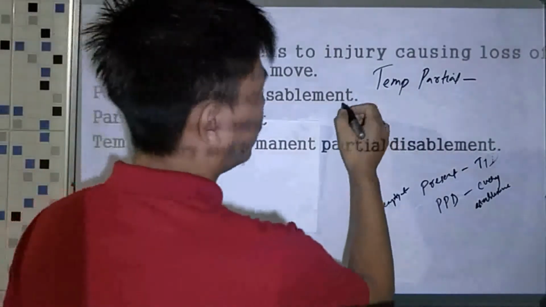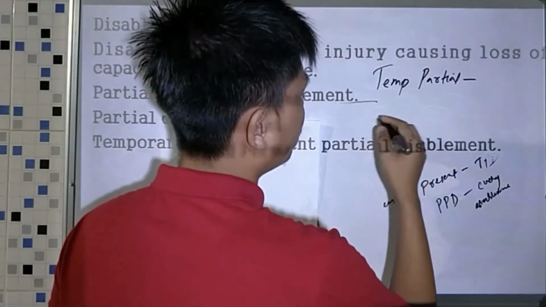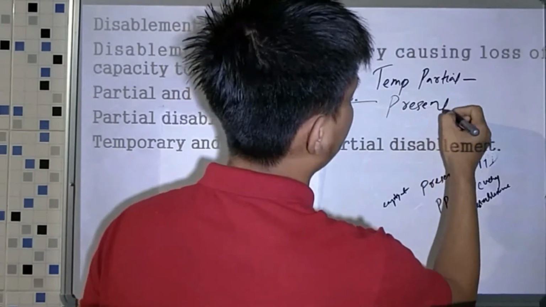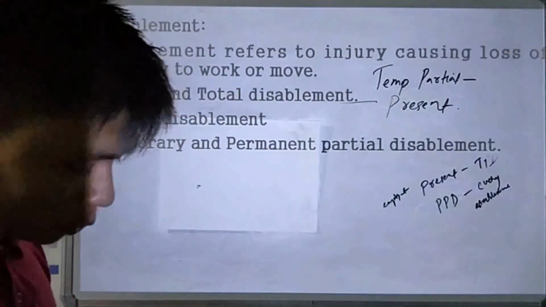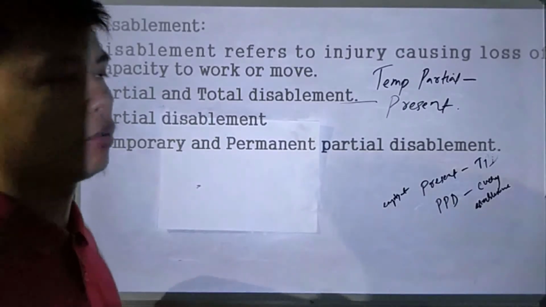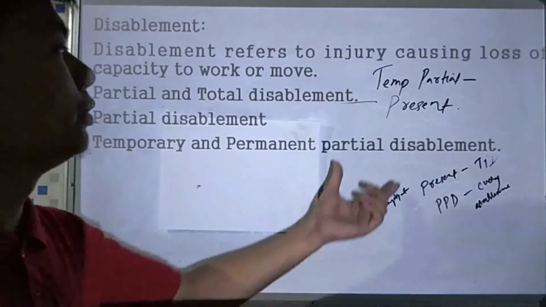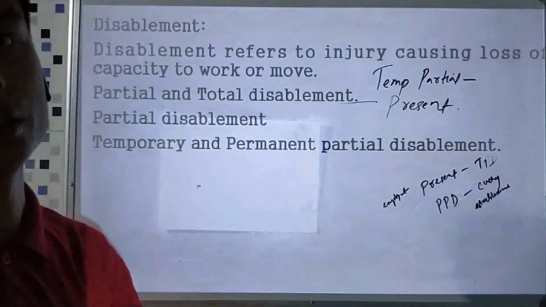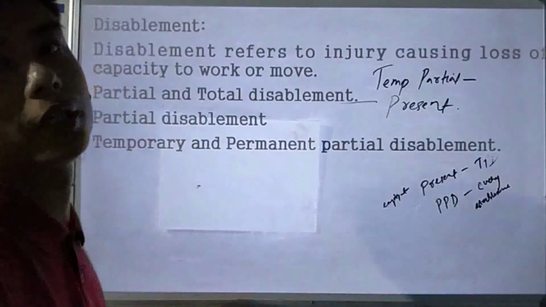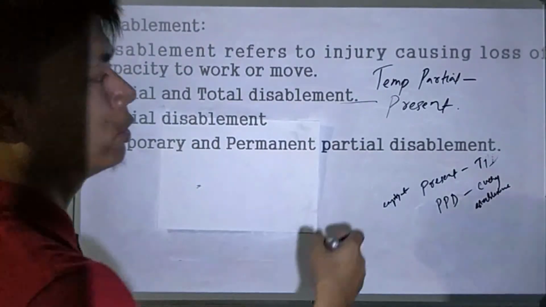But it talks only with respect to present industry. Reduction in the earning capacity with respect to only the present employer, not other employments. Only where you are working at the time of injury. Okay, this is a very important note.